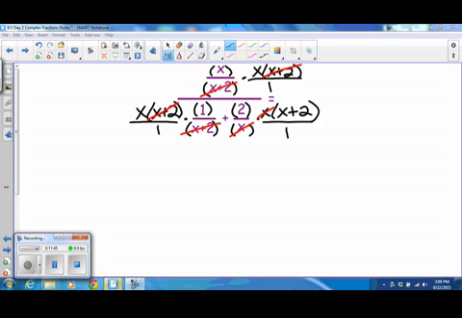Okay, so on top, now in every single one of these, all of your denominators should have canceled. Okay, so on top, I just have x times x, which is x squared, over, now in this term, I just have x times 1, which is just x, plus, because of this plus right here, and then we have 2 times x plus 2.